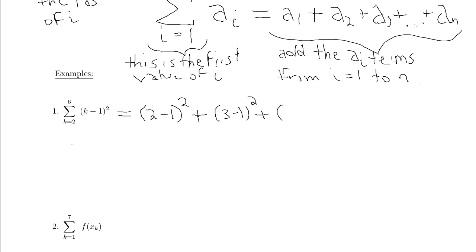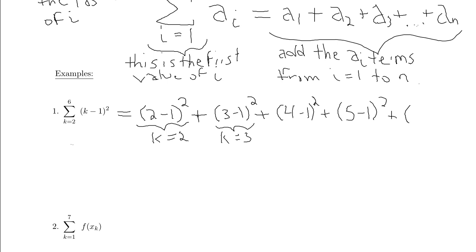Plus, and then we keep going until k equals 6. So this is k equals 2. This is k equals 3. So I still need to keep going. So k equals 4, I'm going to have (4 minus 1) squared plus, now k equals 5. So (5 minus 1) squared plus, and finally my last term is k equals 6. So (6 minus 1) squared.